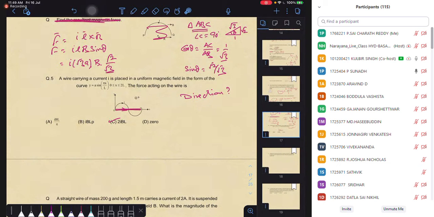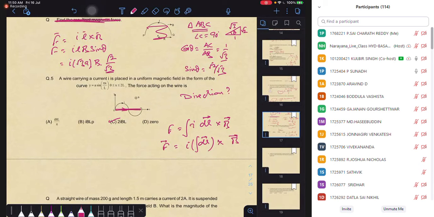The first thing is the effect of the curve is not important. Force is given by these integrations. So what is left in the integration is my dL.